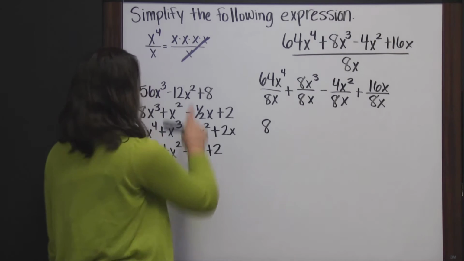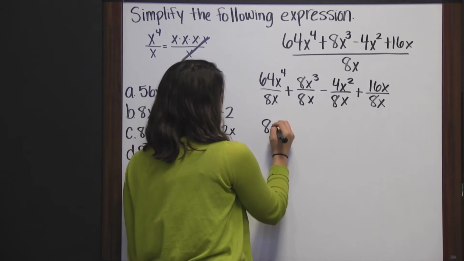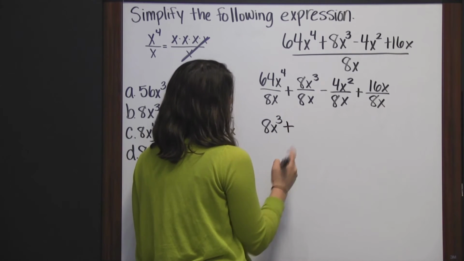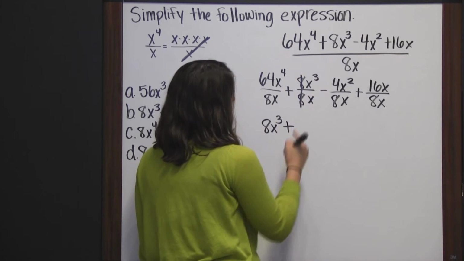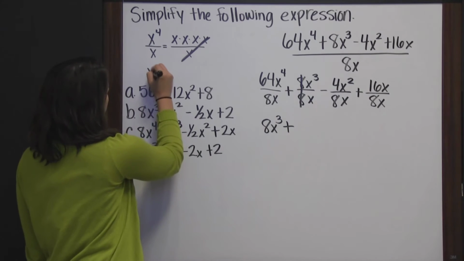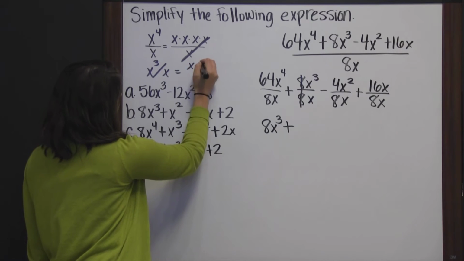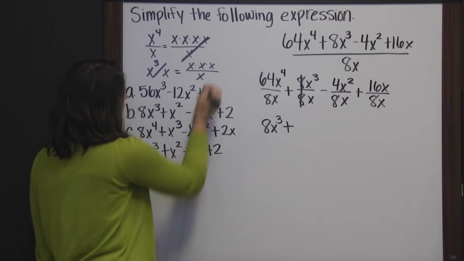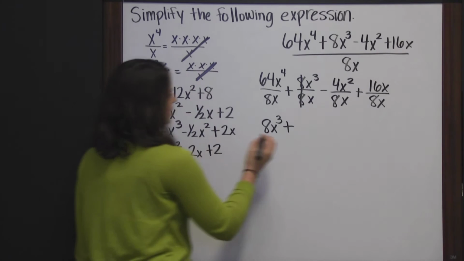And what you're left with is x cubed. So x to the fourth divided by x is x cubed. Plus 8 divided by 8 is 1 times, and then we do the same thing with x cubed divided by x. So x cubed divided by x would be x times x times x divided by x. X divided by x is 1, so you're left with x times x, x squared.